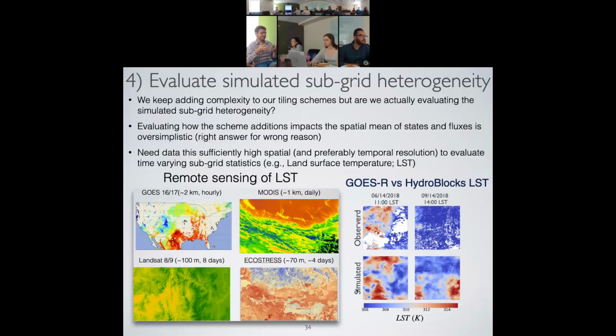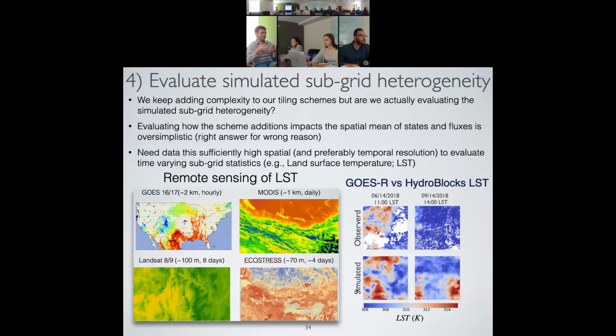The fourth one is this idea of evaluating simulated subgrid heterogeneity. We develop all of these subgrid parameterizations, and different centers have these different parameterizations in place. But do we actually ask the question: is the simulated subgrid heterogeneity actually realistic? Is it adding realism to our system, or is it just something we put in there because we think it should play out?